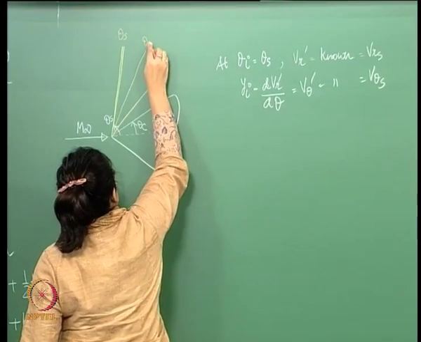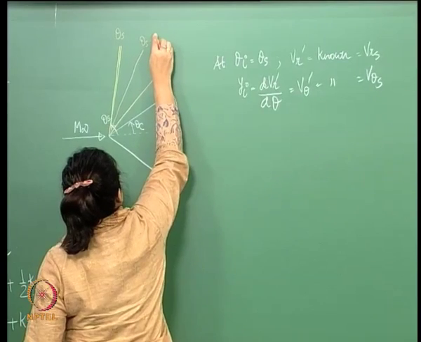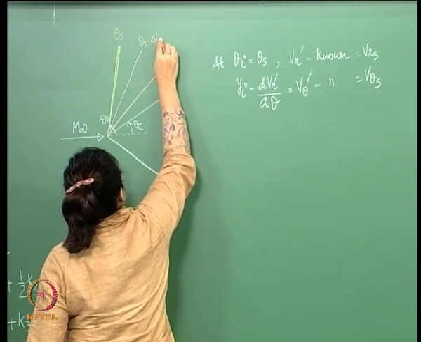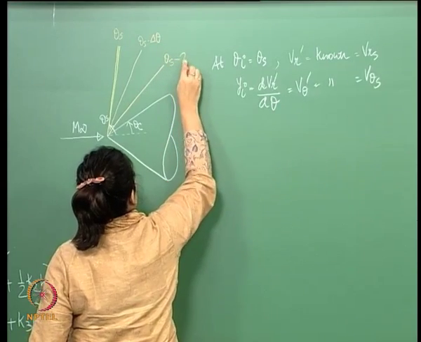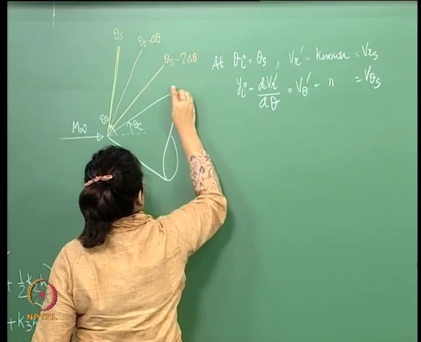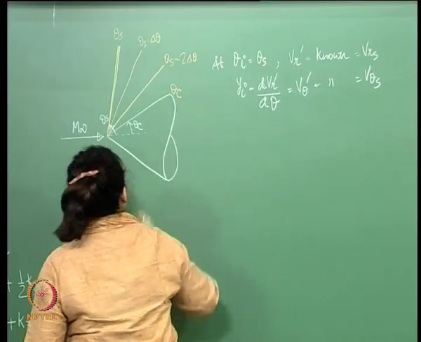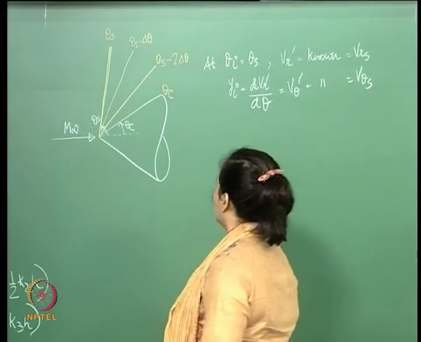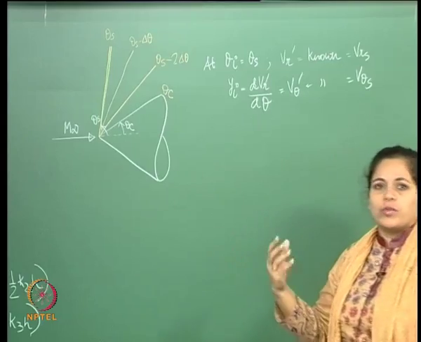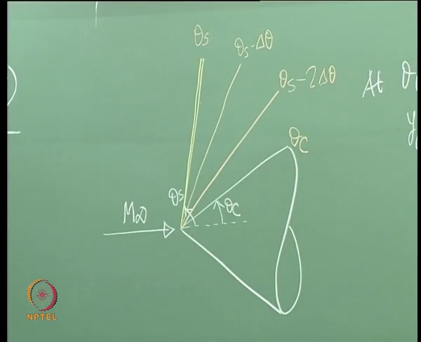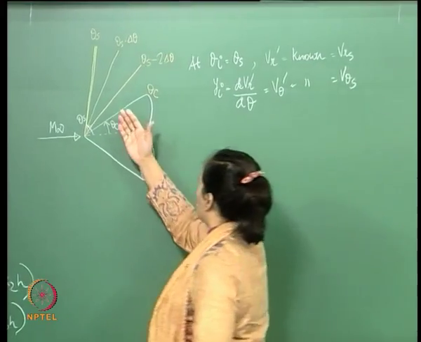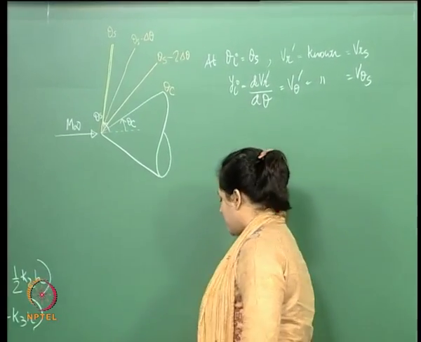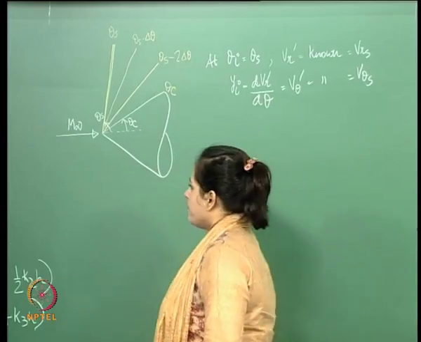This is, say, theta s minus delta theta, then theta s minus 2 delta theta, and this is theta c. Obviously, the more number of thetas you take, the more of the properties one will be able to calculate.